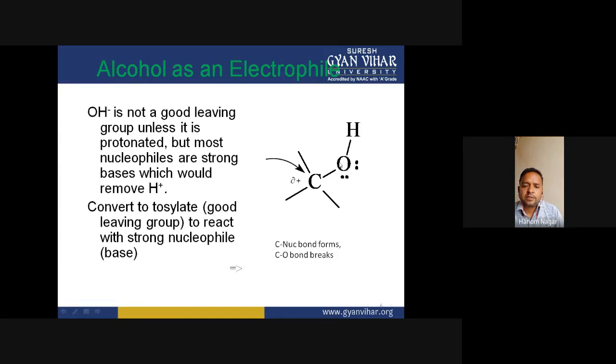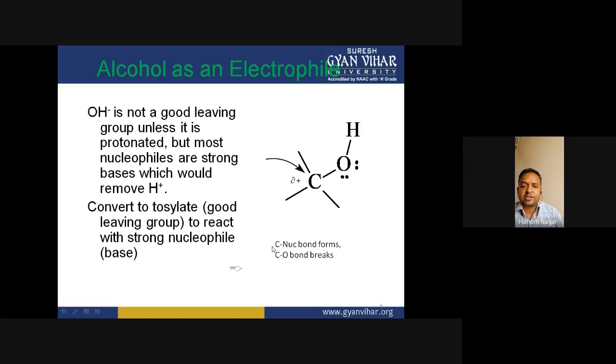Because here, when the OH group is removed after protonation, a positive center will be created, and at the positive center the nucleophile will attack. Okay, just like tosylate.